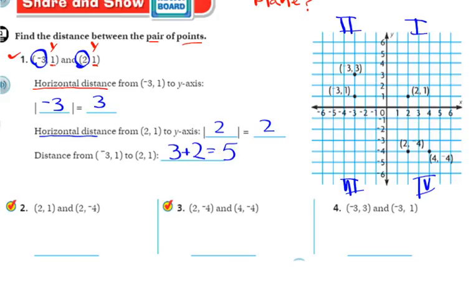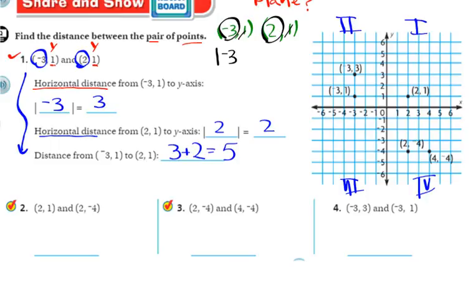All right, now if I didn't have all this guiding me, this is the thought process that I would go through, and I'm going to do that in green here. I want you to just take a peek at what I'm doing. So let's start with our ordered pairs: -3, 1, and 2, 1. Say I did not have a grid anywhere near me, and I had to find the distance between these 2 points. In my mind, what I would do right now is I would ignore the 1s because they are on the same line and they're the same values. I'm going to focus my attention on this -3 and this 2.